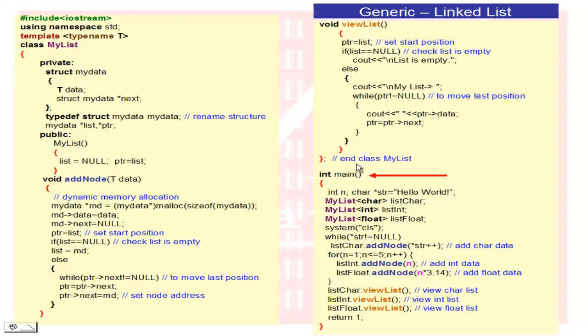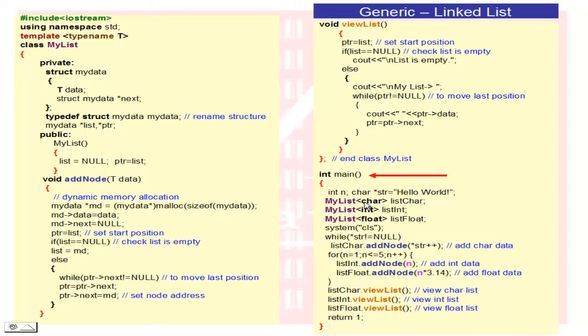Now we check how to use the template class variables in the C++ main function. So here I have created one variable of type int n, another pointer variable of character type, pointer str, and the string assigned is hello world. Next, the main part is our class, the name is MyList.